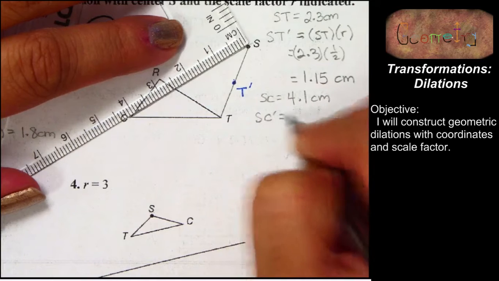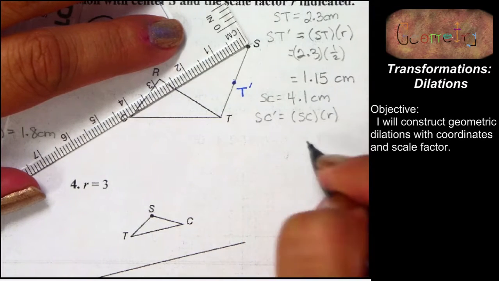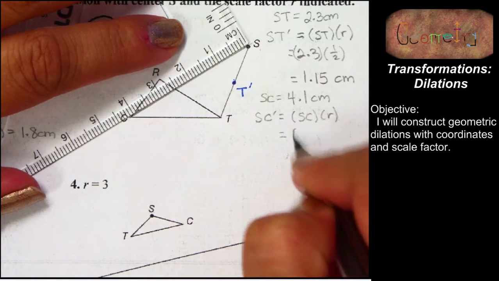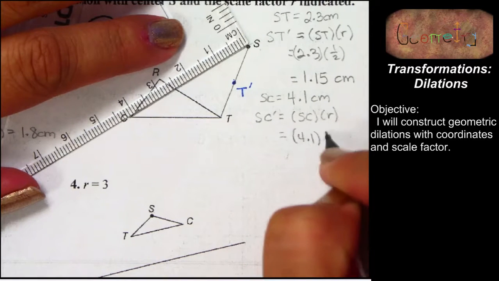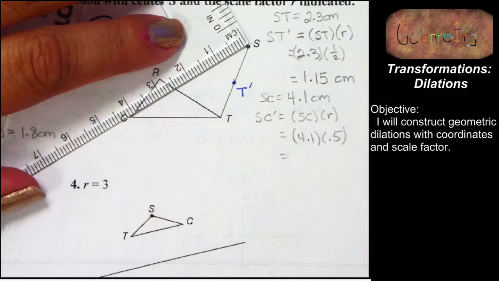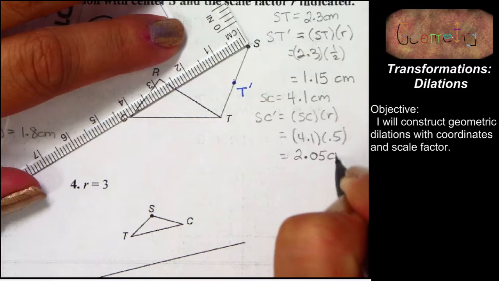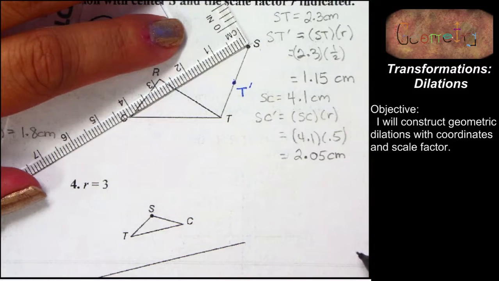You go with what you've measured. I'm writing out how I'm going to calculate where C prime ends up. C prime ends up, according to my calculator, that far away from S, 2.05.